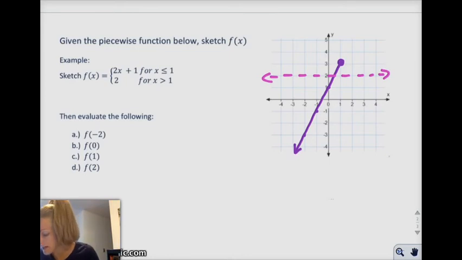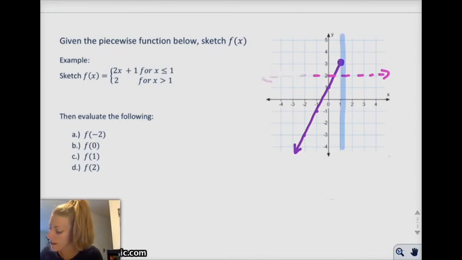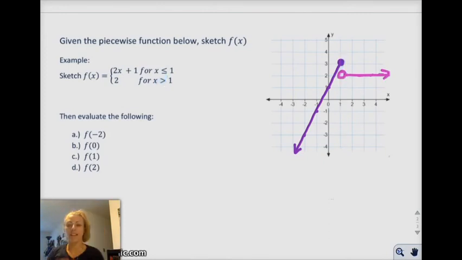So I go to my x-axis and say, there's x equals 1, and I erase everything before that, and then I just make my function from x equals 1 over to positive infinity. The problem is, if that's a closed dot, then it's no longer a function, right? And that's a greater than, so it doesn't exist there. So that's actually an open dot. And voila, there is my piecewise function.